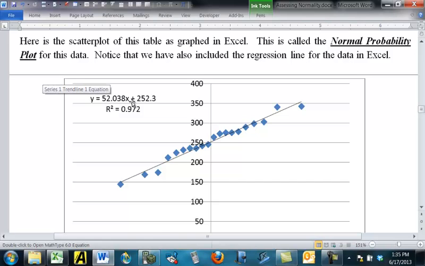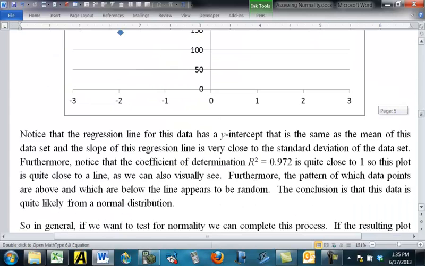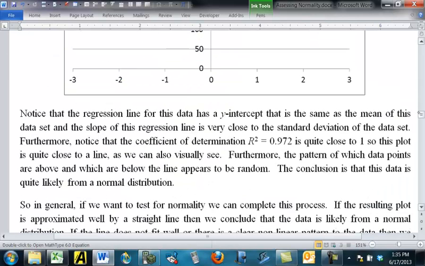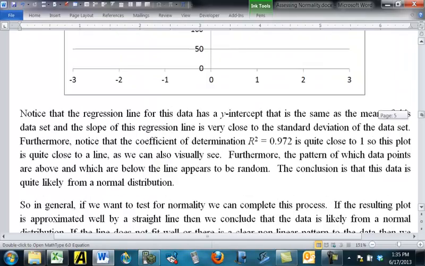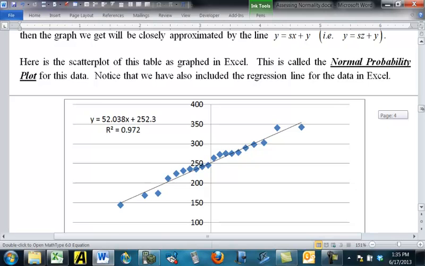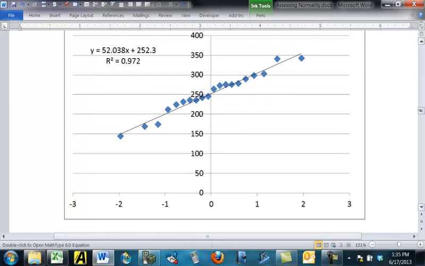And the 52.038 is close to the standard deviation. It's actually off just slightly, but it's very close to that. The R-square is 0.972, very close to 1, so this is a very good fit.